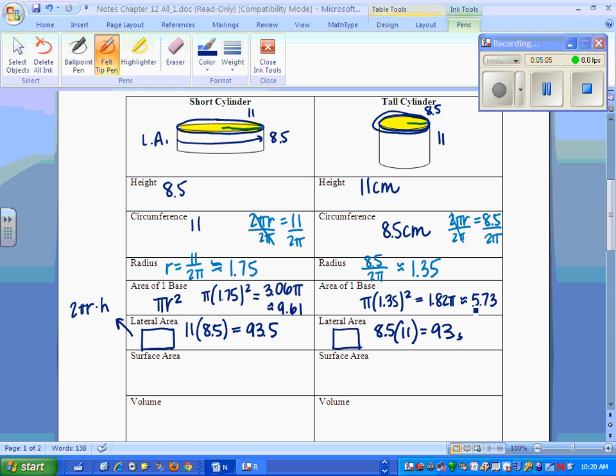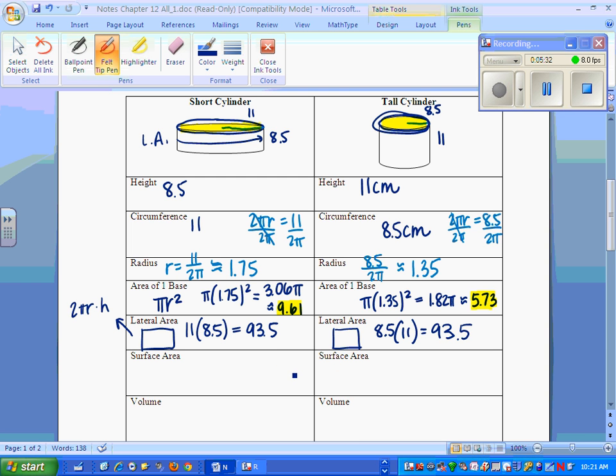Surface area will be the exact same, 93.5. I'm sorry, lateral area will be the exact same. Surface area is a little bit different because again we found the area of our circles, and they are not the same. Here we have 9.61, here we have 5.73. This circle is much bigger than this one, so obviously the surface area is going to be a little bit bigger.